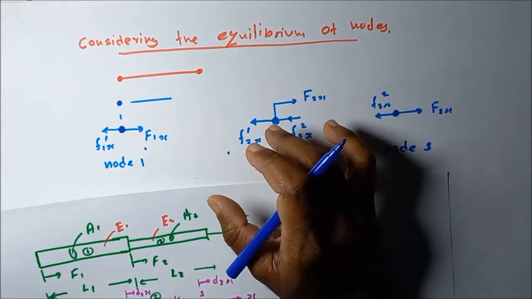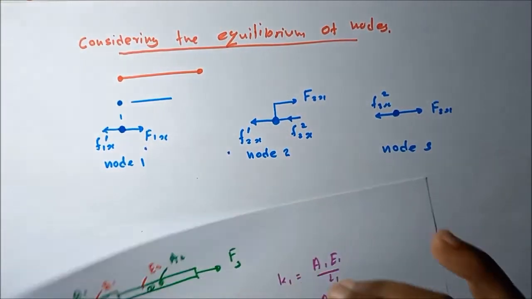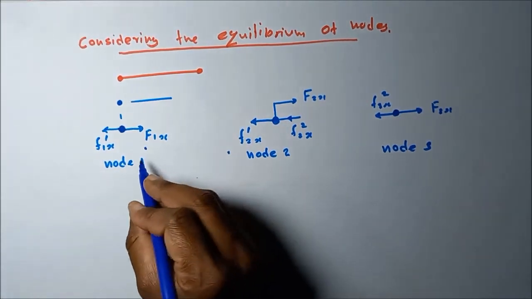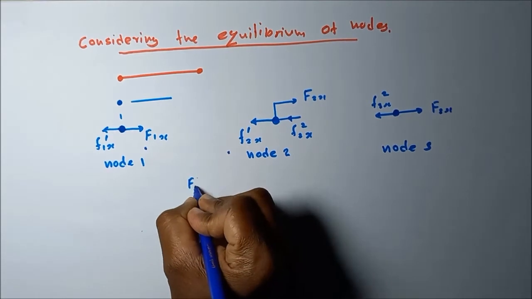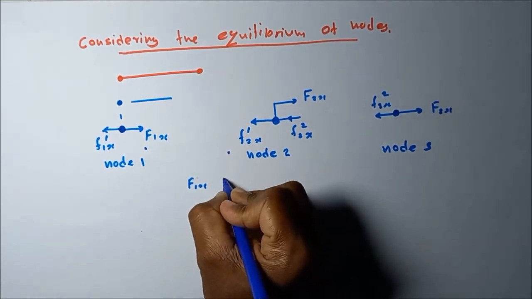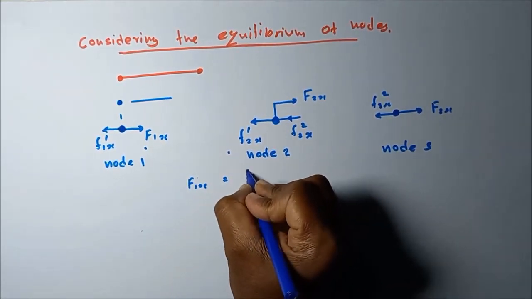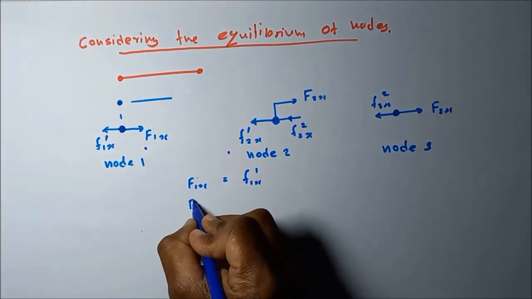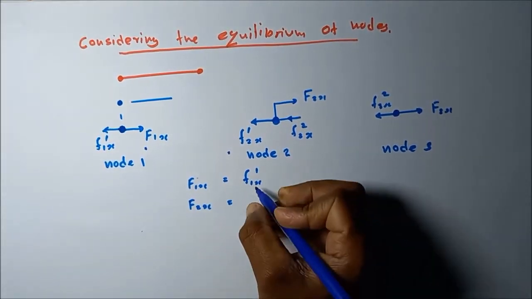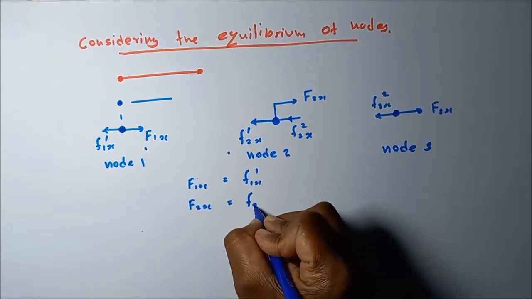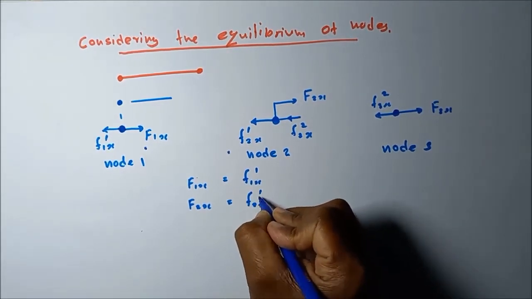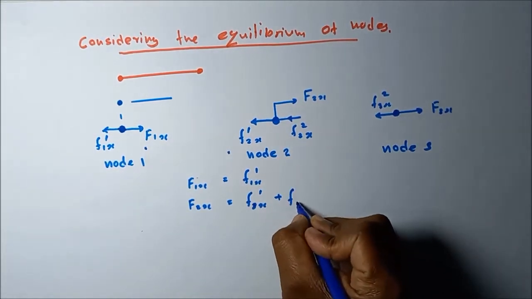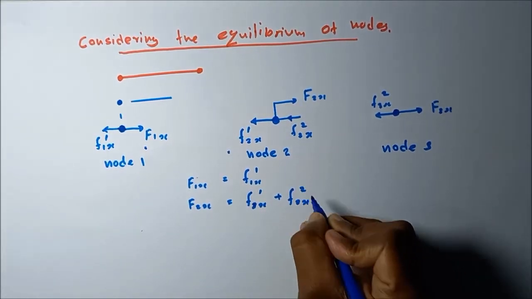Then I am going to consider the equilibrium of these nodes, by writing the equilibrium equations. For node 1, we can write F1x is equal to F1x1. F2x is equal to F2x1 plus F2x2.